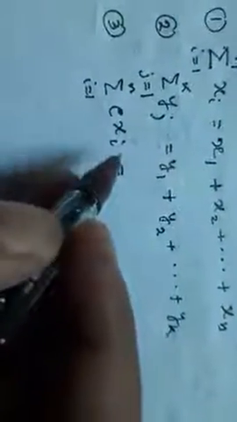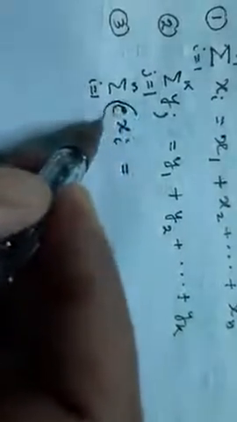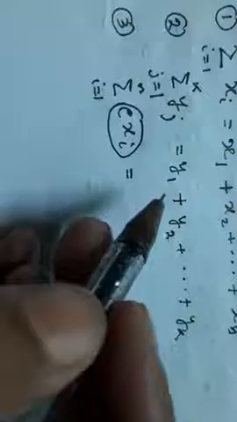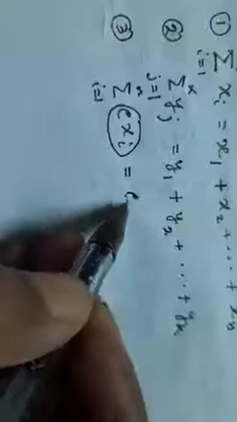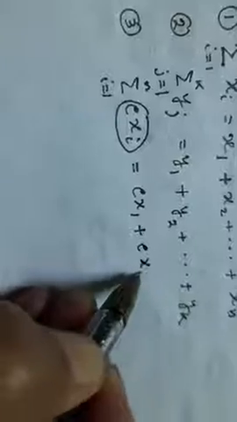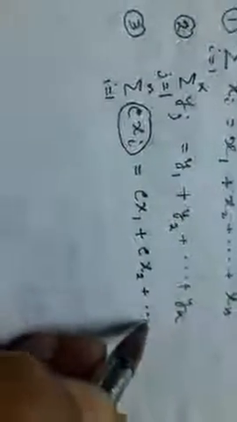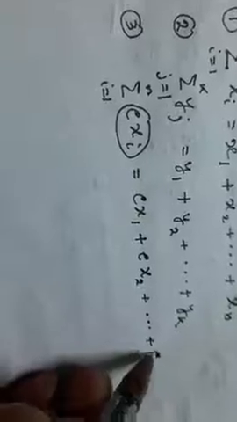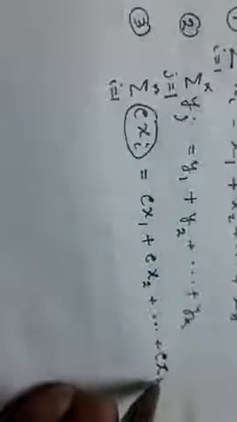Okay, now I am going to show you some property which is related to this summation sign. When there is the sum of c xi, i runs from 1 to n, we can write it inside the summation sign as c xi, and running it over from 1 to n we get the first term c x1, and the second term, obviously c is a constant, c x2, and like that we get c xn.